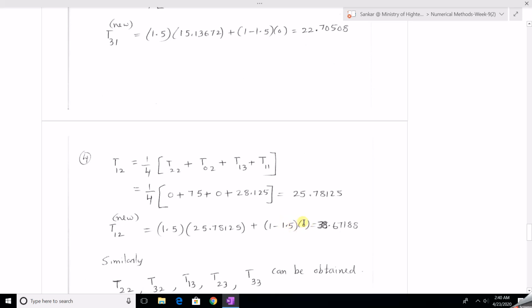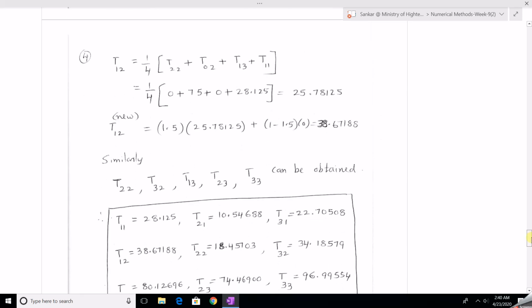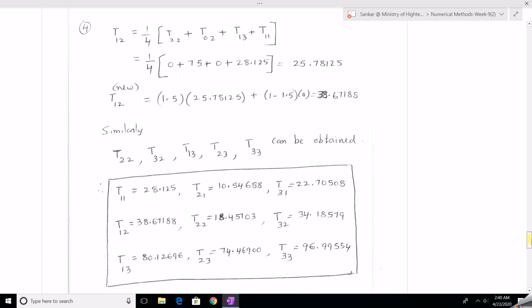Initially all are zeros, so the old value of T12 is 0, so we keep that one, and if we simplify we will be getting 38.67188. So similarly you can find the other points I have written here, T22, T32.